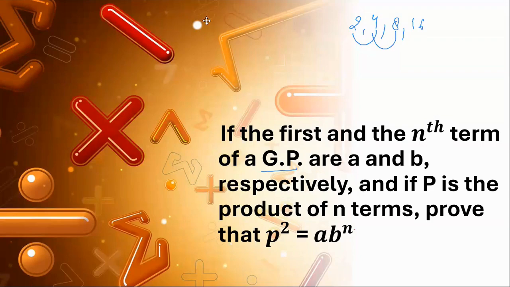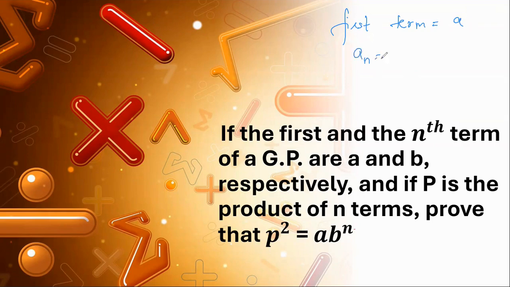Now, they are saying that the first term is A. First term is equal to A, and they are saying the nth term of the GP is B. Whenever we talk about the nth term of a GP, there is a particular formula: An is equal to A times R raised to the power n minus 1. A is the first term, already given in the question, R is the common ratio, and n is the number of terms. But they are saying the nth term is B, so An is equal to B is equal to A times R raised to the power n minus 1.